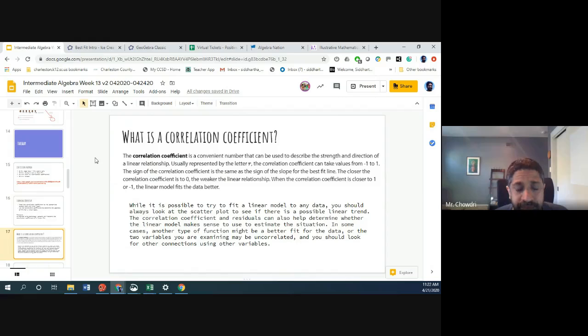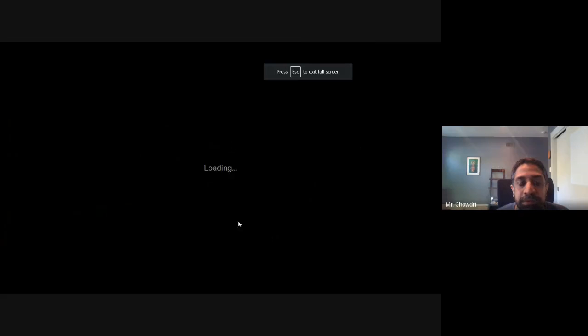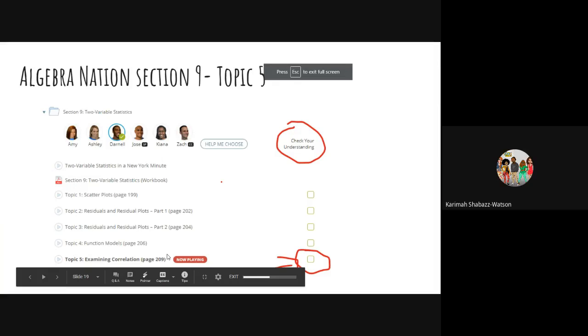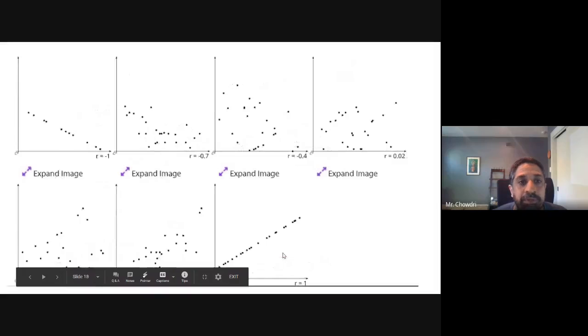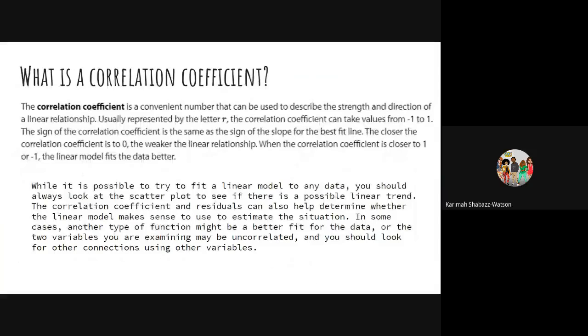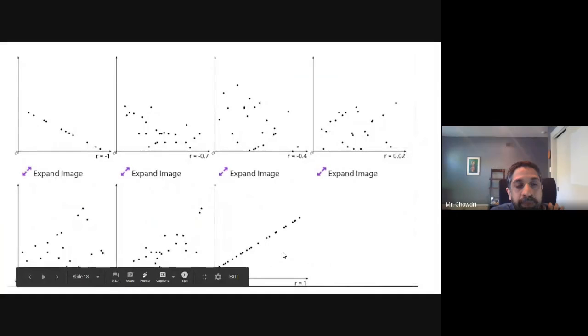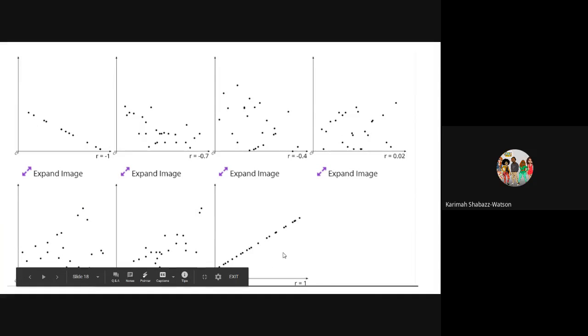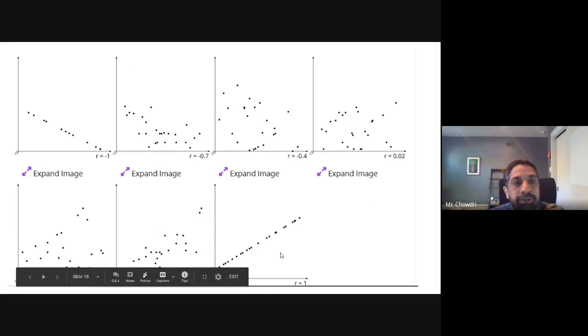And what I would suggest again is watch the video, topic 5 in section 9, and then the work is going to be a check for understanding, because that video does a really good job of explaining the concept of a correlation coefficient.